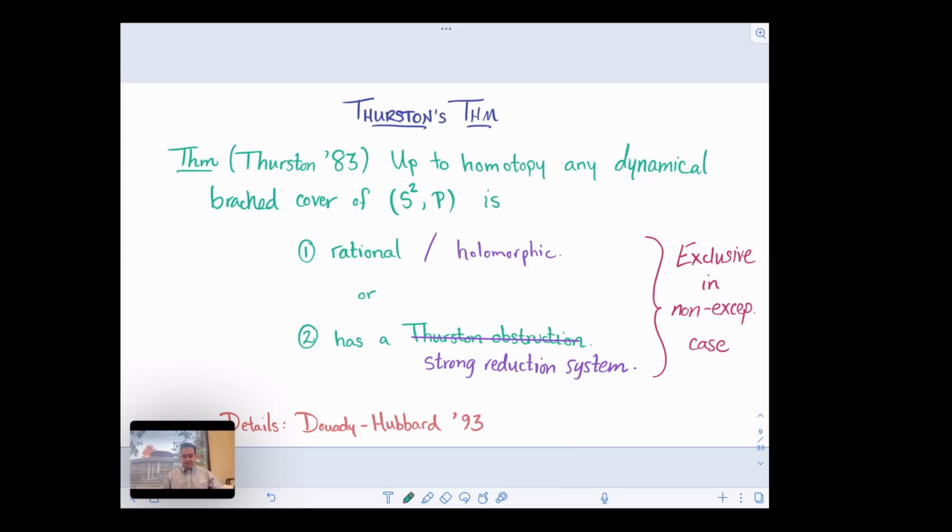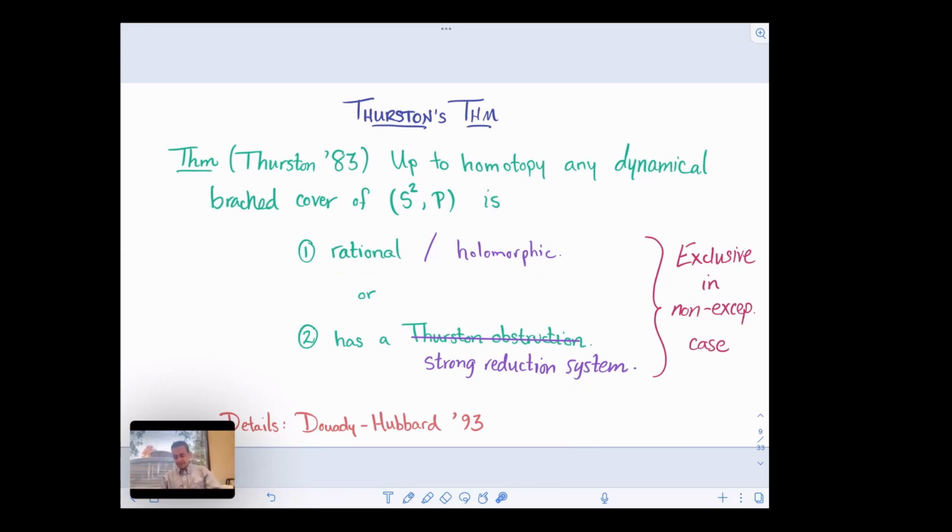Then either it's rational, meaning for some choice of identification with the Riemann sphere it's a rational map, which is the same as being a holomorphic map, or it has what's called a strong reduction system. I haven't told you what that is yet. The usual statement of Thurston's theorem is that either you're rational or you have a Thurston obstruction. But we have a reason for not using that terminology, which I'll explain in this talk.